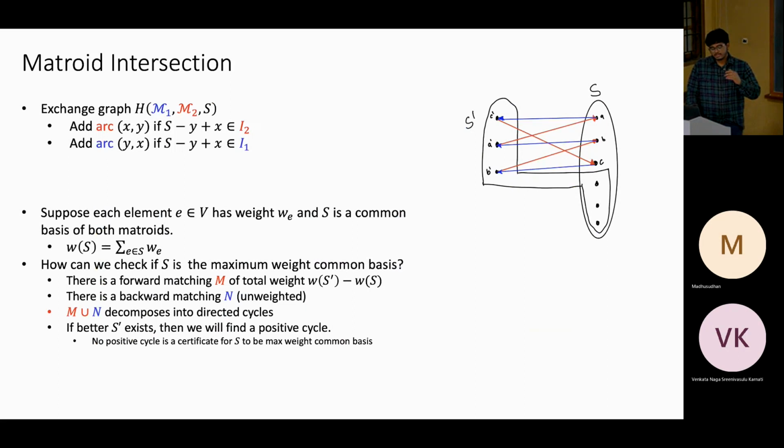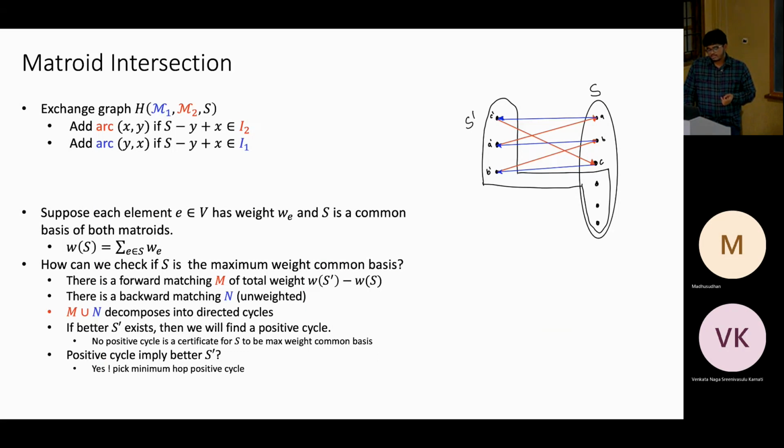Now the next question is, sure, but do I have the other direction? So if there is a positive cycle, does that imply that there is a better S dash? Turns out yes.